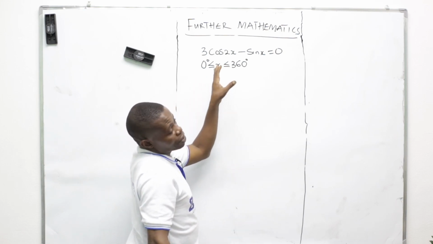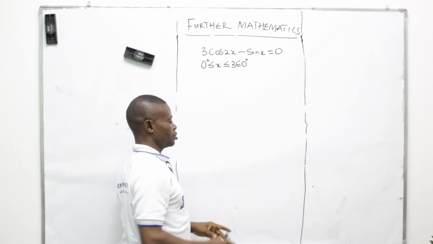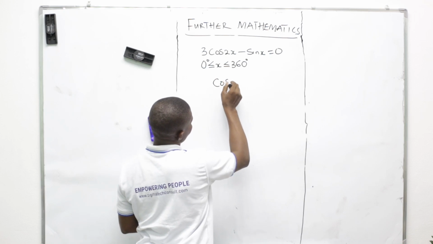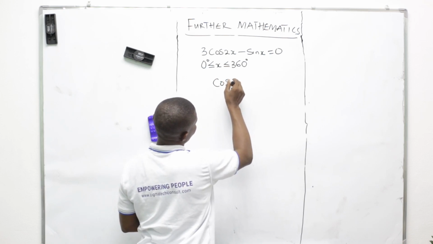This is an equation given to us. But from compound angle, recall when we have cos 2A.